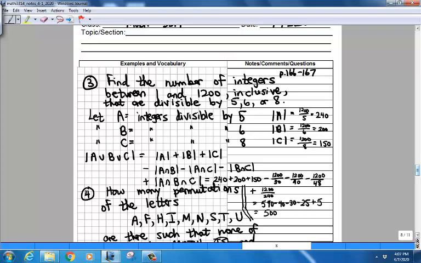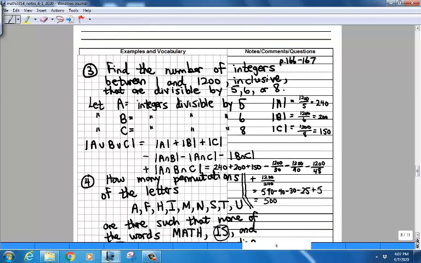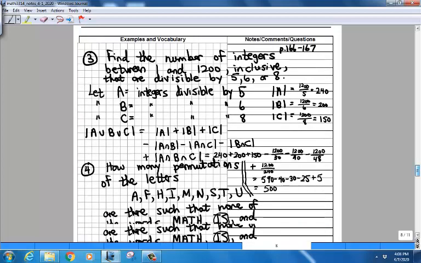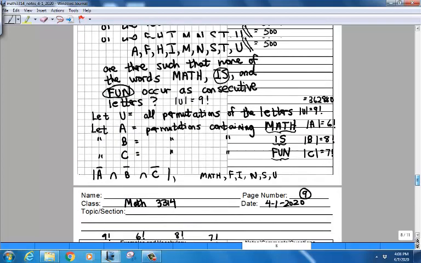So if you want to read the book's explanation of this problem, you can on these pages. So there it is. There's our answer.